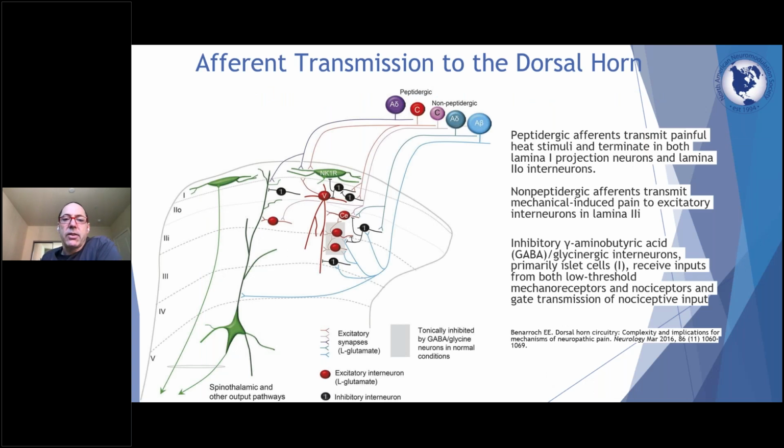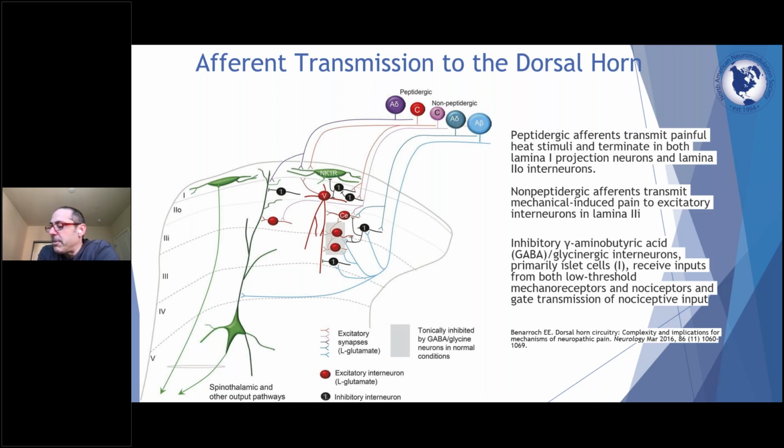Next slide. So this shows you in a little more detail how the connections are made. The peptidergic and non-peptidergic A delta and C fiber nociceptors, along with low threshold A beta mechanoreceptive afferents and low threshold C mechanoreceptive afferents, are all sort of pictured there along the top in different colors.